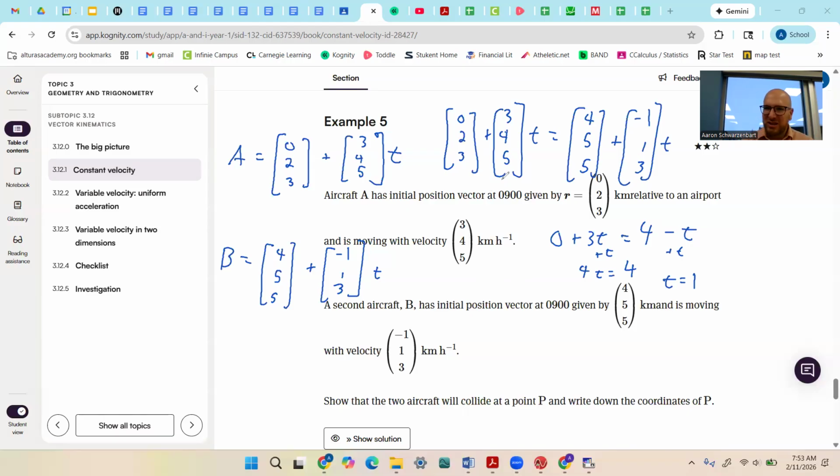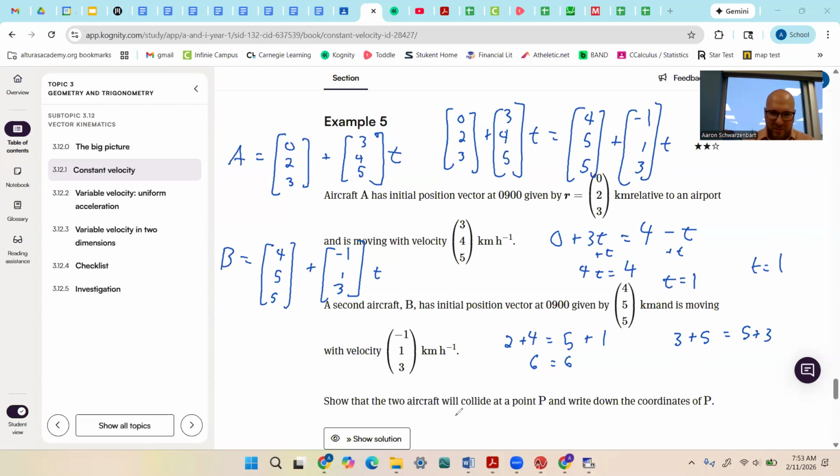I need to double check that that's true for the other two lines, or this is not a true statement. So I'm plugging in 1 for t. 2 plus 4 times 1 is just 2 plus 4, that's 6 equals 6. And then I'll do the third line. That is true. So t equals 1.